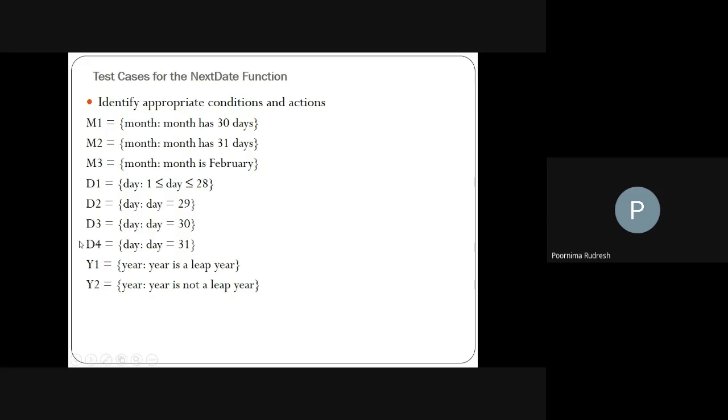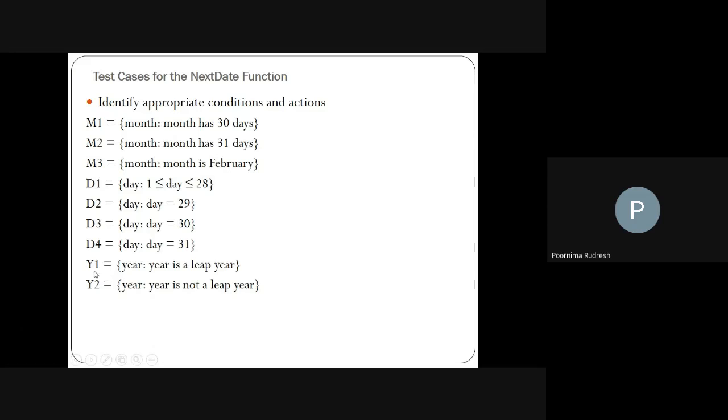Clear? Next, after defining the month value, we are defining it for the days. So here four are defined. One is for the month consisting of 30 days, another is days equal to 31 days, because some of the months consist of 30 days, some consist of 31 days, and February consists of 28 or 29 days depending on the type of year.